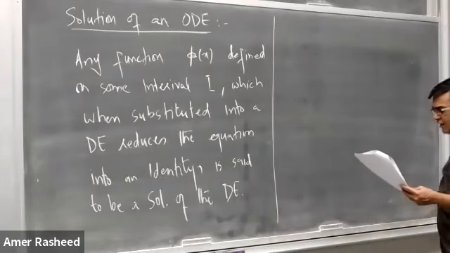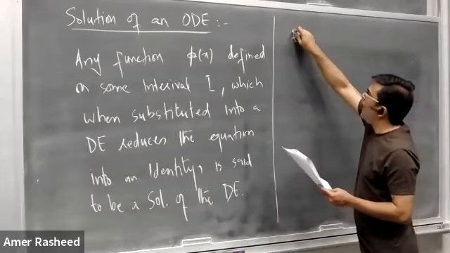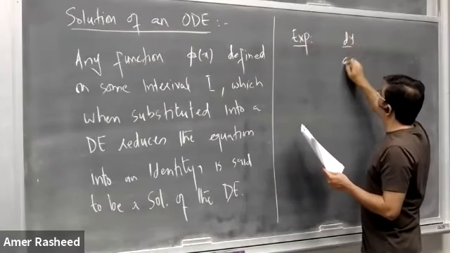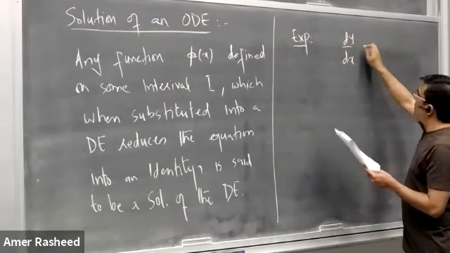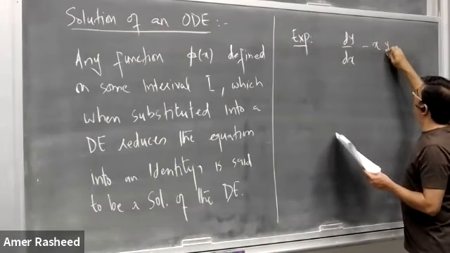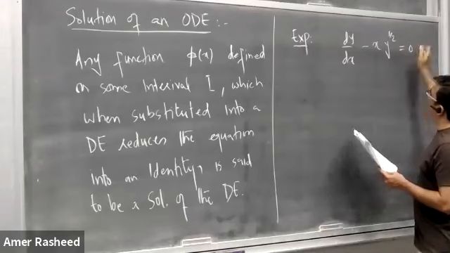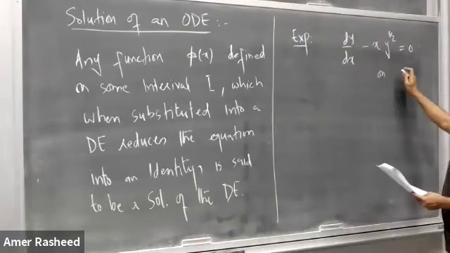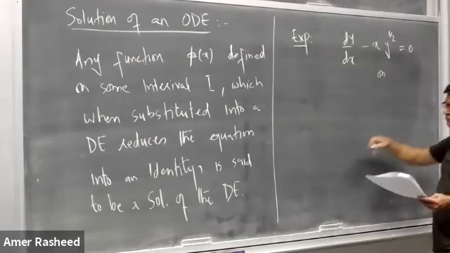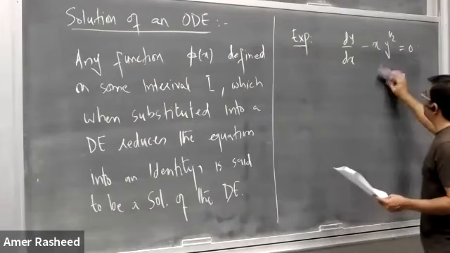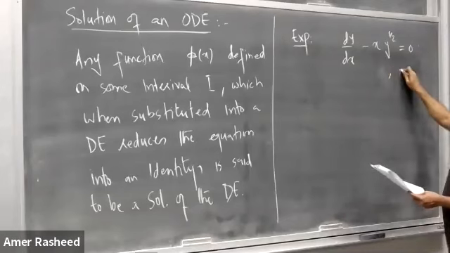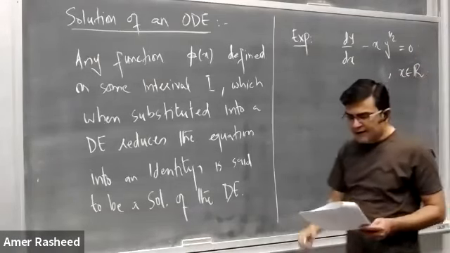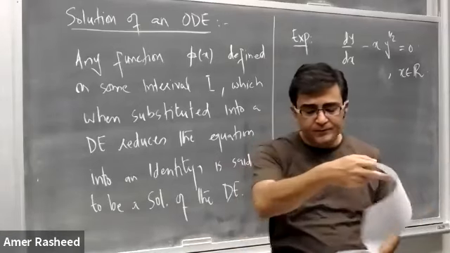For example, if we have a differential equation dy by dx minus x y power 1 by 2 is equal to 0, where x belongs to R. Now, this is the differential equation.